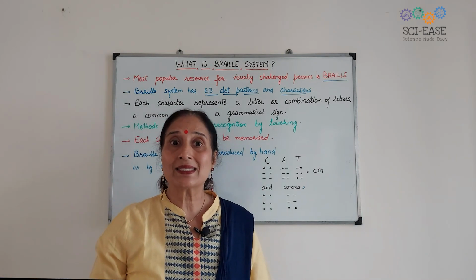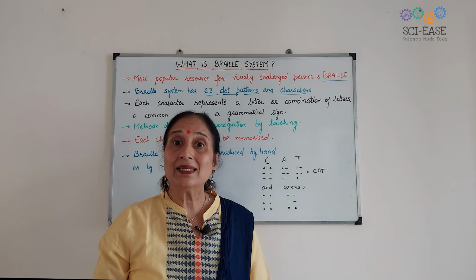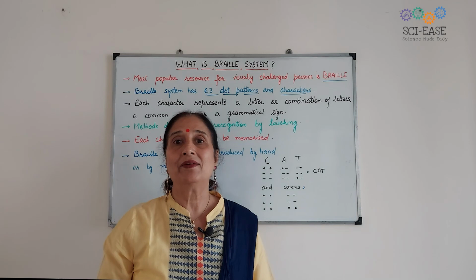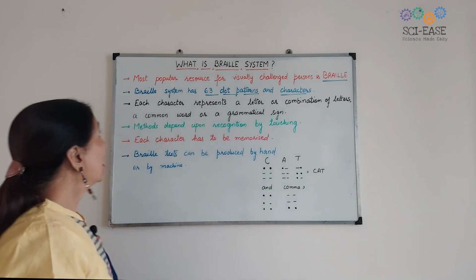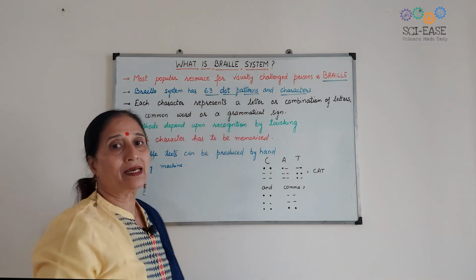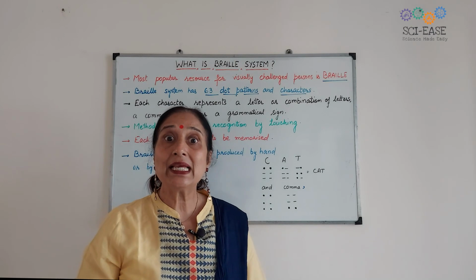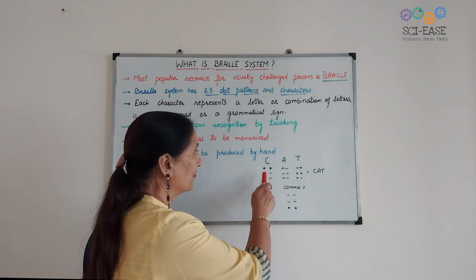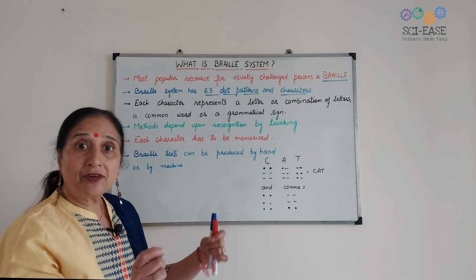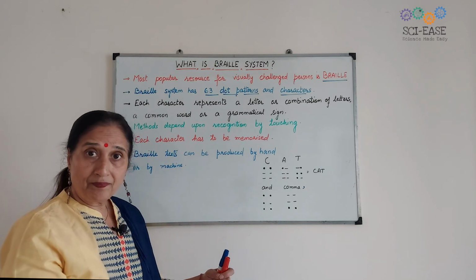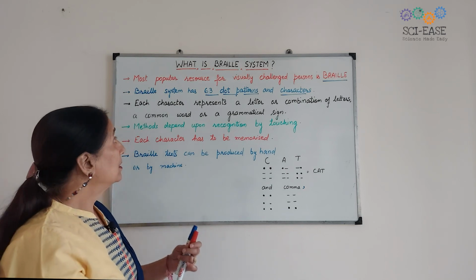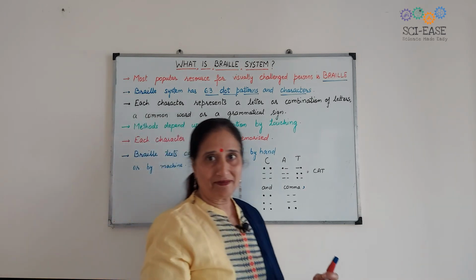Nowadays also this system is used, and this system was published in the year 1932. Now, the Braille system has 63 dot patterns and characters. It has 63 dot patterns like this, and each character represents a letter or combination of letters, a common word, or a grammatical sign.